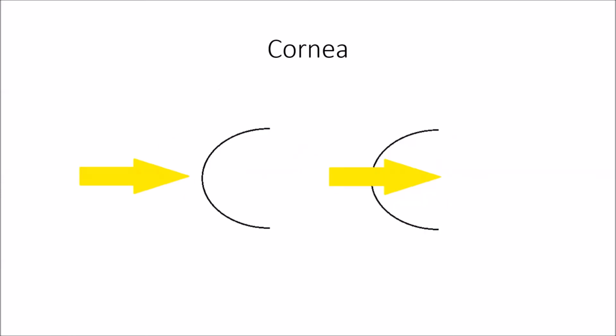Okay, so here's something that visualizes that. Let's imagine that this yellow arrow is the light. It is going to pass through this circular object here, which is basically the cornea. So that's what we mean by transparent. This light has the ability to pass through the cornea.